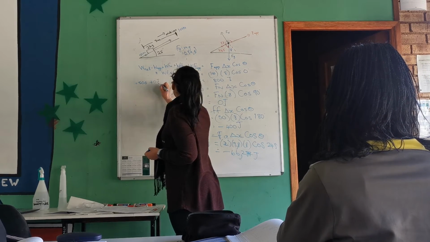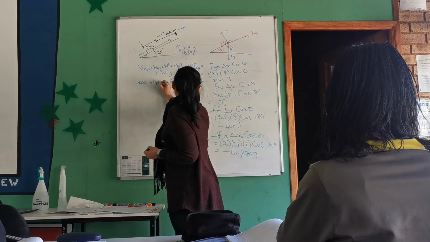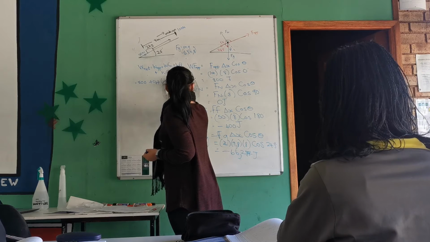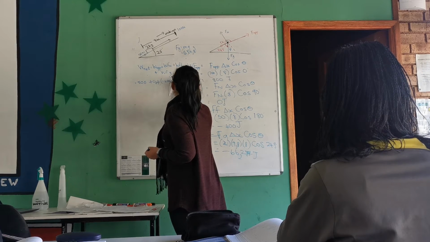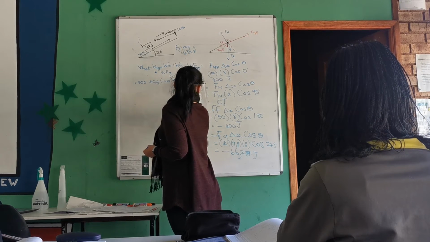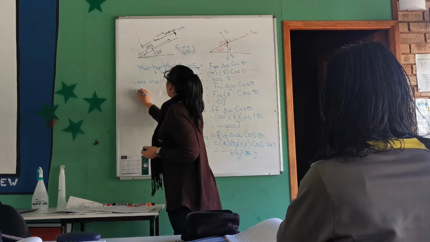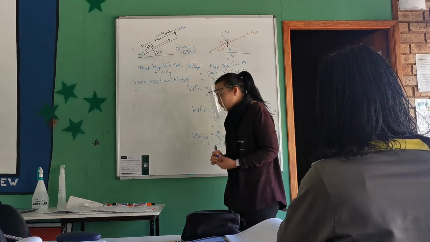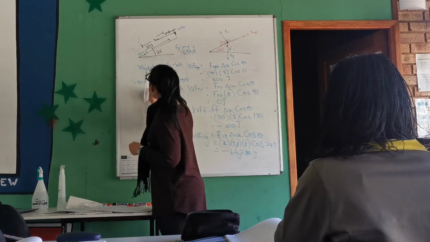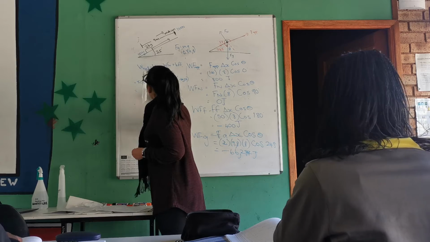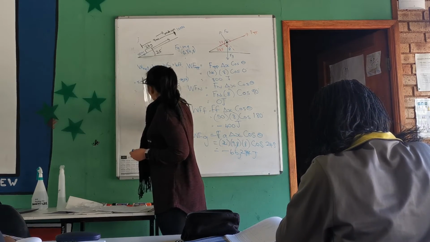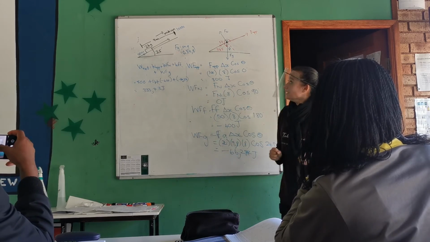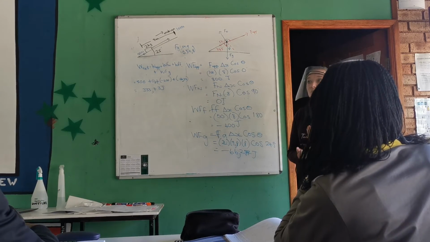I have 0 for the work done by the normal force. And I have minus 400 for friction. And I have minus 66,27 for the work done by Fg. And then my answer is 333,73 joules. 333,73 joules is my value for the net work done.